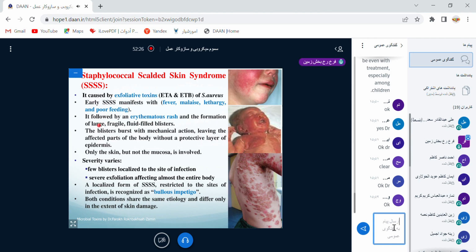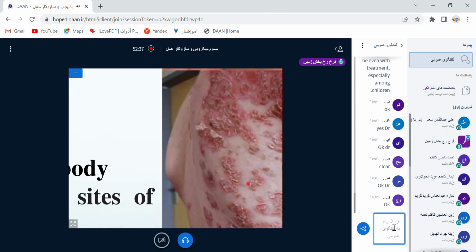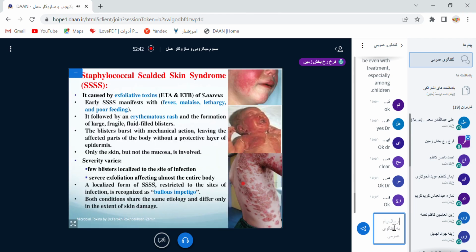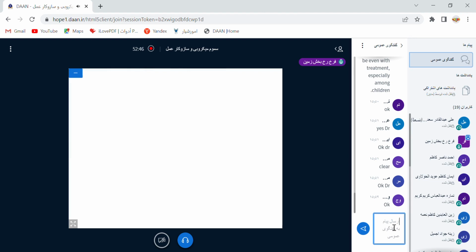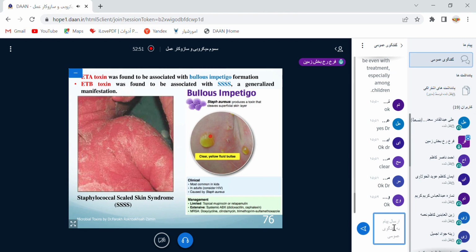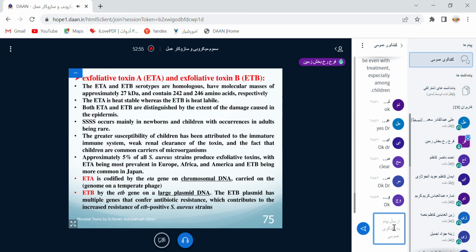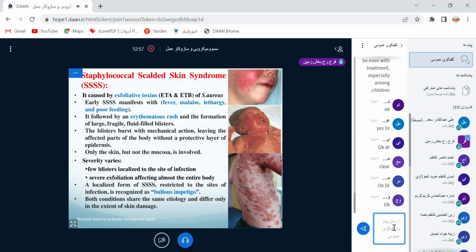And there is the formation of large, fragile, fluid-filled blisters. Sometimes you can see over here, they can be bigger, and under the skin there is some pus and liquid, like here you can see it.